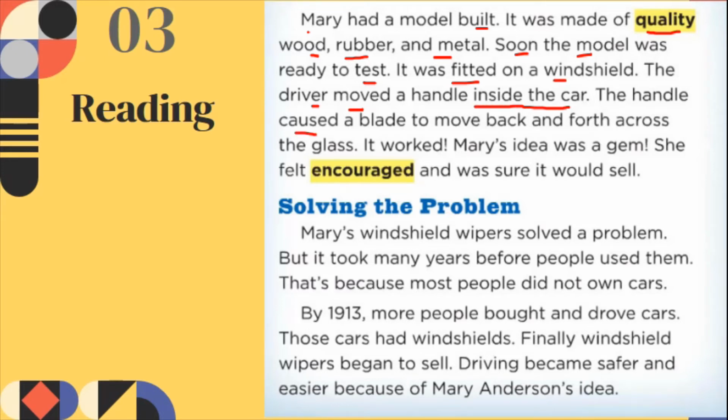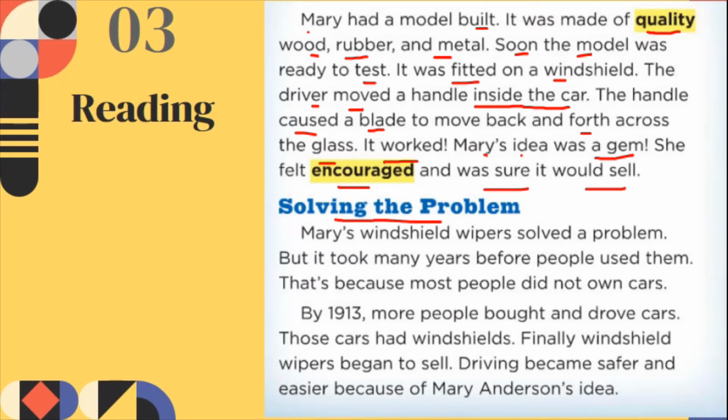The handle caused a blade to move back and forth across the glass. It worked. Mary's idea was a gem. It means it was precious. It was one of its kind. She felt encouraged and was sure it would sell.